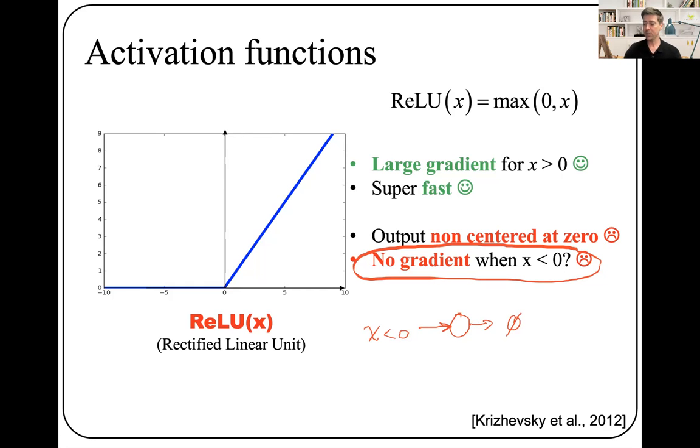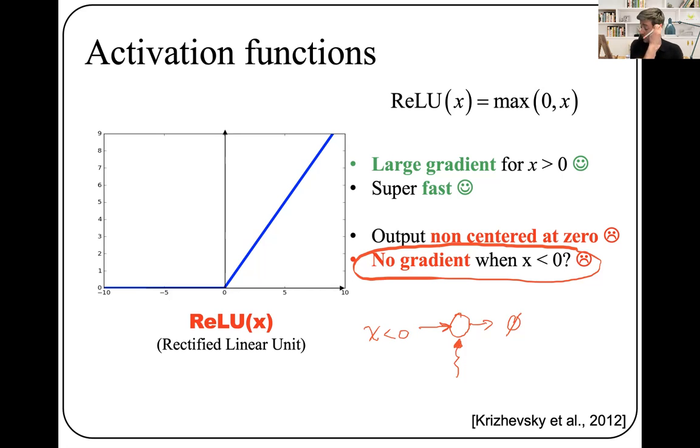So this neuron will be effectively a dead neuron, at least for this particular training example. There's not going to be any way of changing the output of this neuron, because it always outputs 0, and its gradient is 0, meaning that you will never be able to change its output.